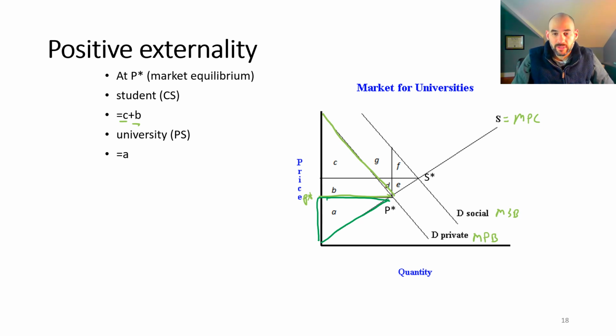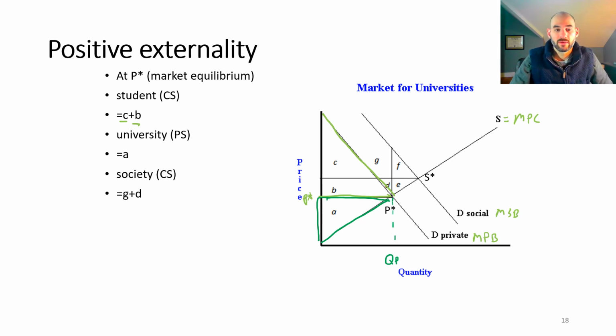However, if we're educating, let's call this QP students, then for each of those number of QP students, whether that's 1,000 or 1,000,000, whatever it may be, there's going to be an additional benefit which accrues to society for the education of each of those students. And so we can also think about what the consumer surplus would be for society in addition to just for the students.